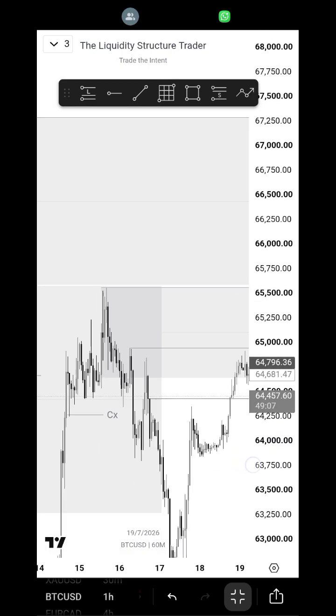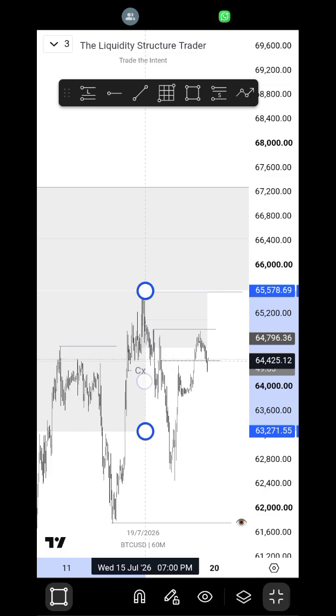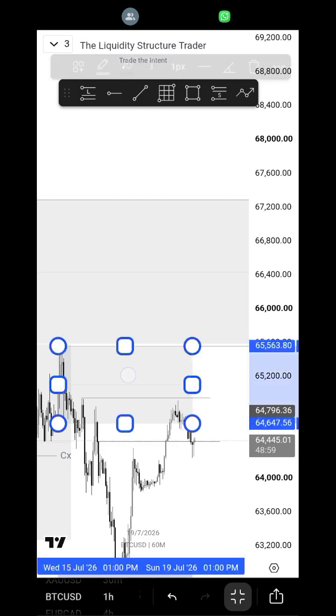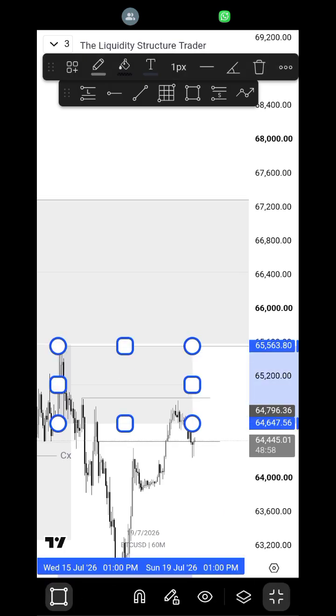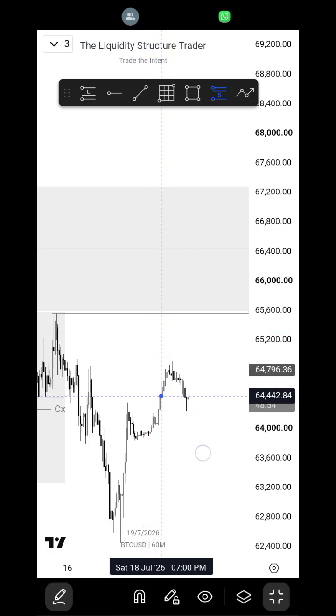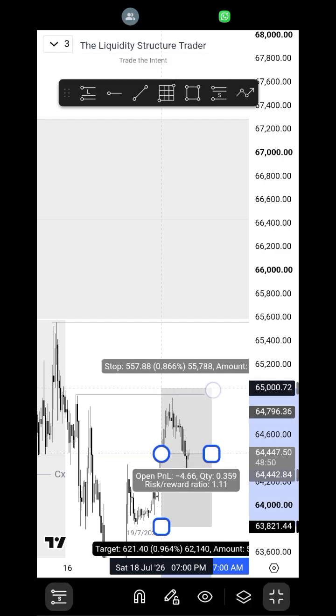So after reacting from the daily order block and reacting from my 4-hour order block, I took my entry from the 4-hour order block here and set my stop loss here.